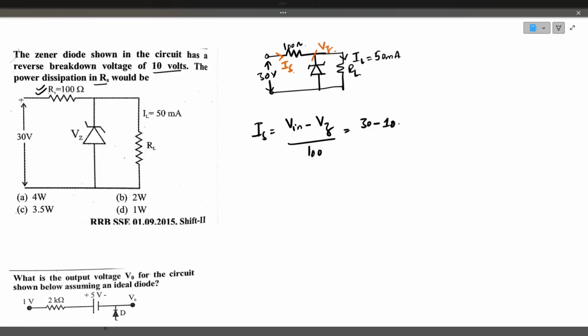So (30 - 10) divided by 100 is 0.2 amps. Now the power in the series resistance is IS squared times RS, that is 0.2 squared times 100, which equals 4 watts. So the answer is option A.